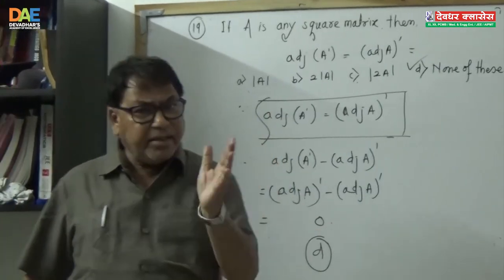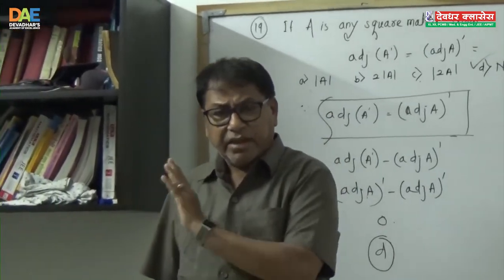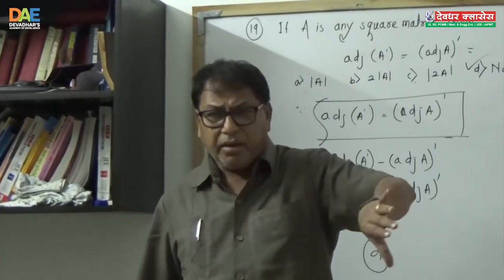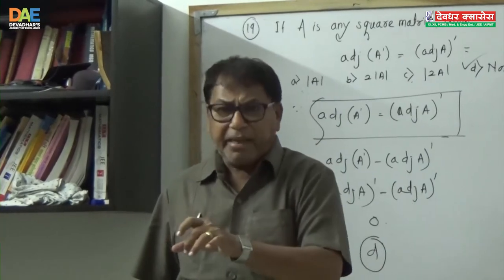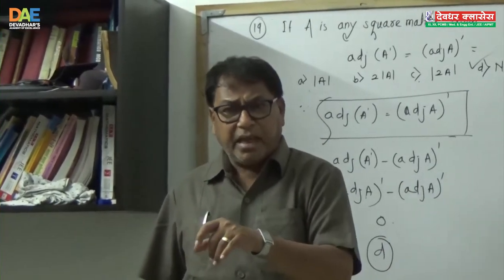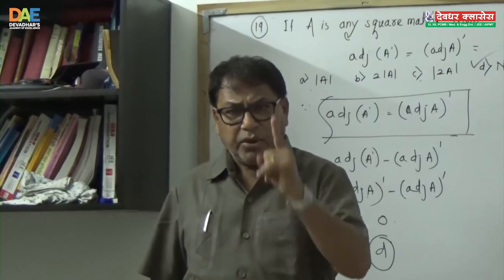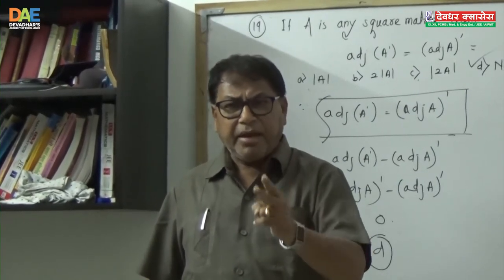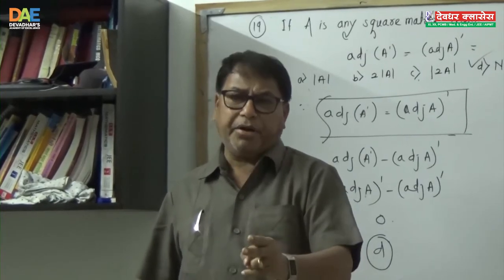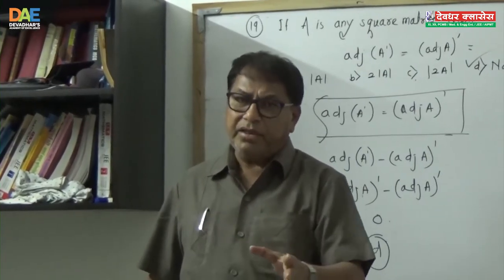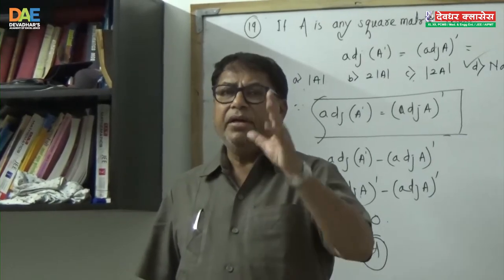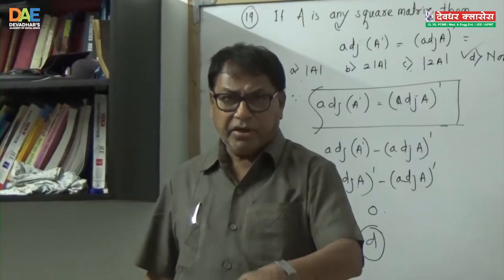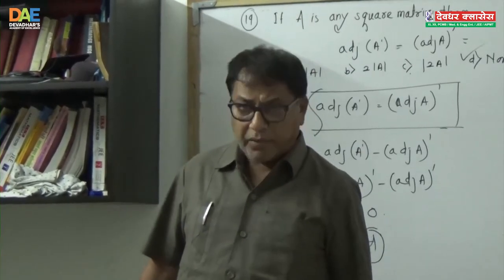I had divided the determinant and matrices into 4 different parts. First part, the determinant. In the second part, while solving the examples based on the matrices, first only system of equations, second determinant with the adjoint property, and the last we are going to see finding the adjoint, minors, cofactors, inverse, etc. Right? So that will be the next video. Okay?